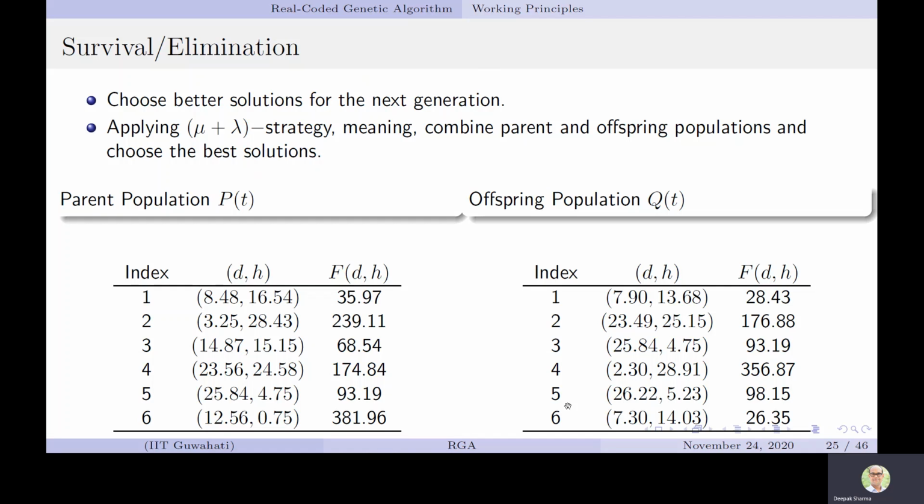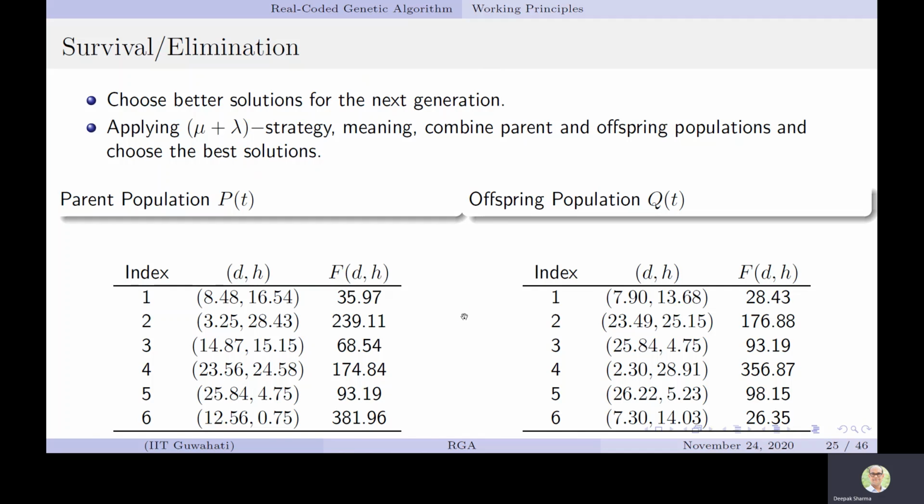It is a minimization problem, so I can sort these solutions based on their fitness value. If I sort in ascending order, I know that the minimum value corresponds to solution 6, which is 26.35, followed by solution number 1 in the offspring, which is 28.43. Then we have the parent 1 solution, which is 35.97.